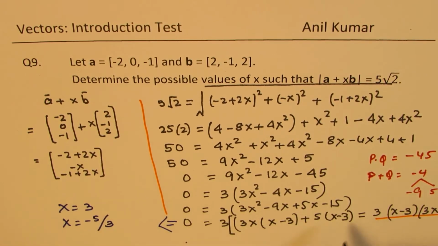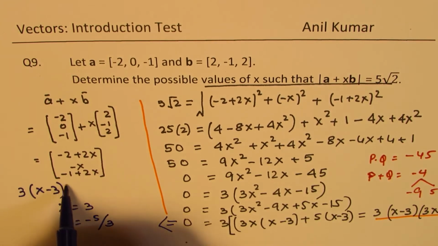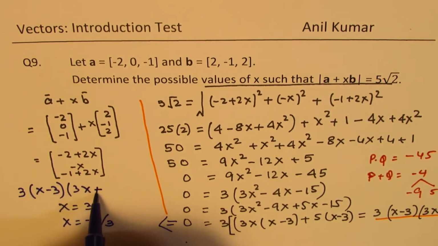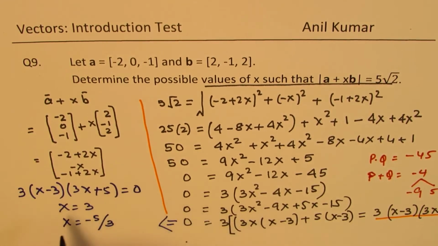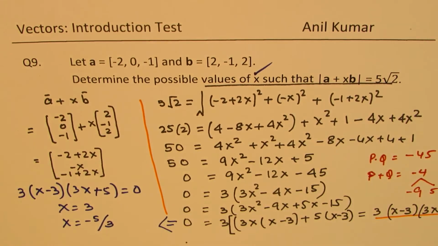Since we have 3 times (x minus 3) times (3x plus 5) equals 0, x minus 3 gives you the value of x as 3, and this factor gives you x as minus 5 over 3. So those are two possible values of x for which we'll get a magnitude of 5 square root 2. Clear?